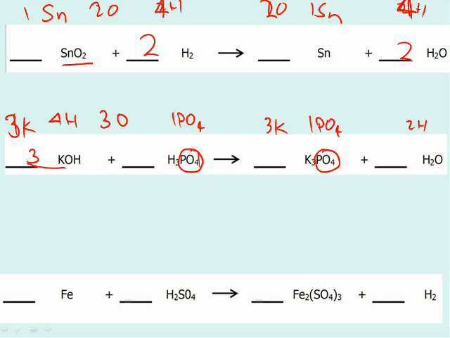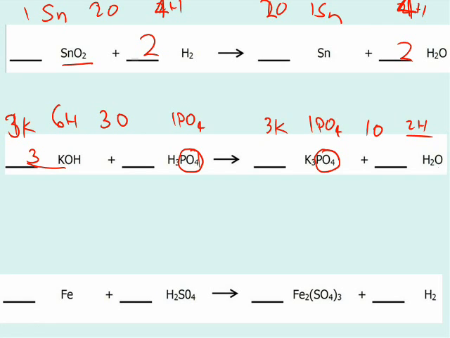That's 6 hydrogens. And we have 2 hydrogens that side. Everything's balanced. We have 1 oxygen here. So if we put anything in front, it's going to change the hydrogen and the oxygen.